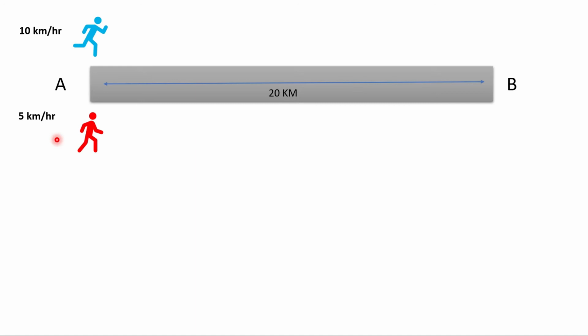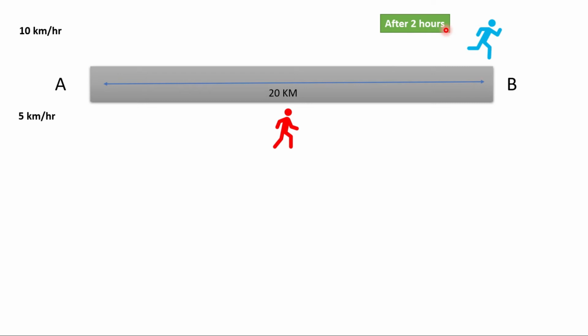When this guy reaches the end, he will stop the race because he is already the winner. You can see he has already reached here because he has more speed, and this guy is here just after he finished. After 2 hours, this guy moved the complete distance from A to B, which is 20 kilometers, so 10 into 2 equals 20 kilometers.